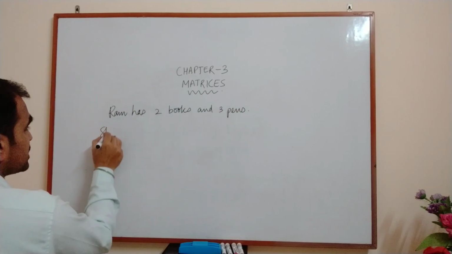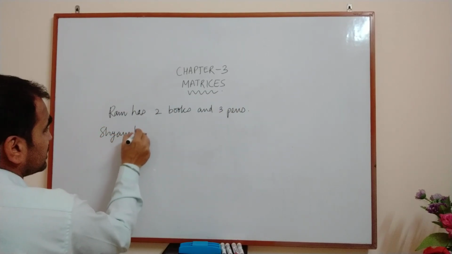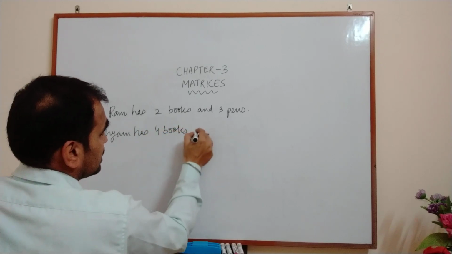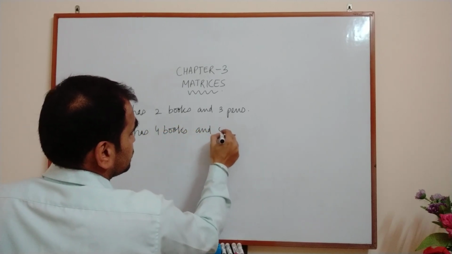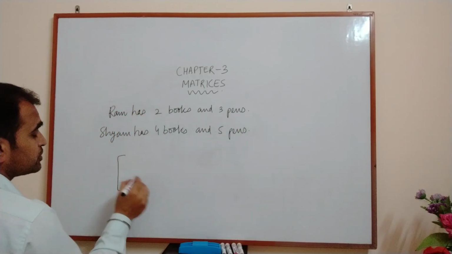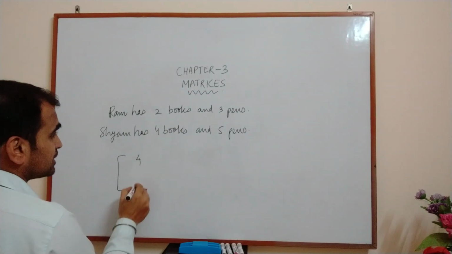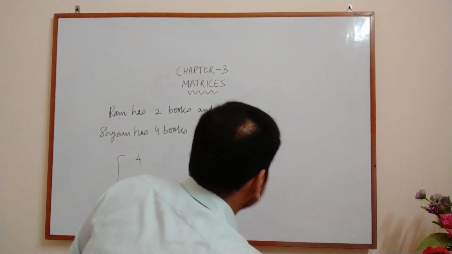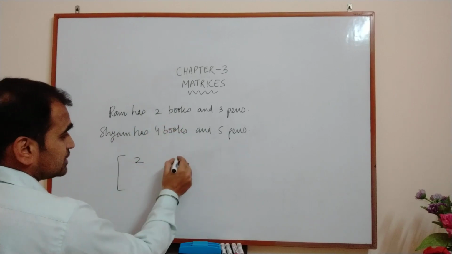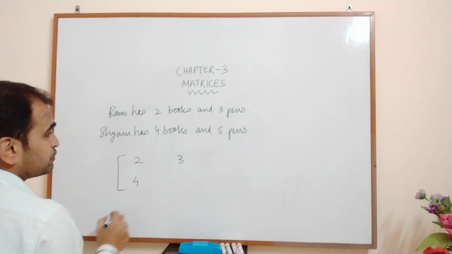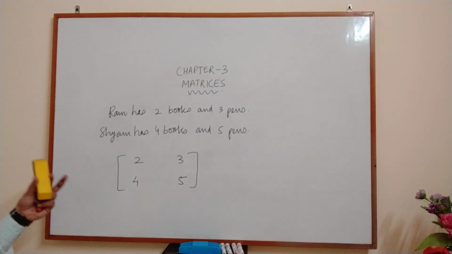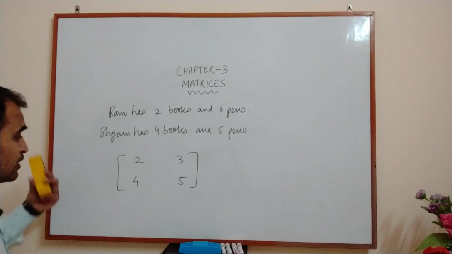His friend Shyam has 4 books and suppose 5 pens. Now in this horizontal fashion we can store the information like this. First we have the detail of Ram, so 2 books and 3 pens. Similarly for Shyam, 4 books and 5 pens. So now this is again a matrix having the detail of 2 persons.